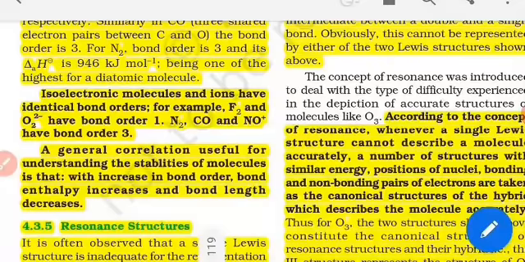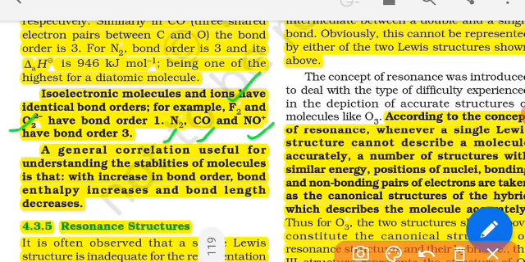Isoelectronic molecules and ions have identical bond orders. For example, F2 and O2 minus. These are isoelectronic species. These have bond order 1. N2, CO, NO plus are also isoelectronic and these have bond order 3.